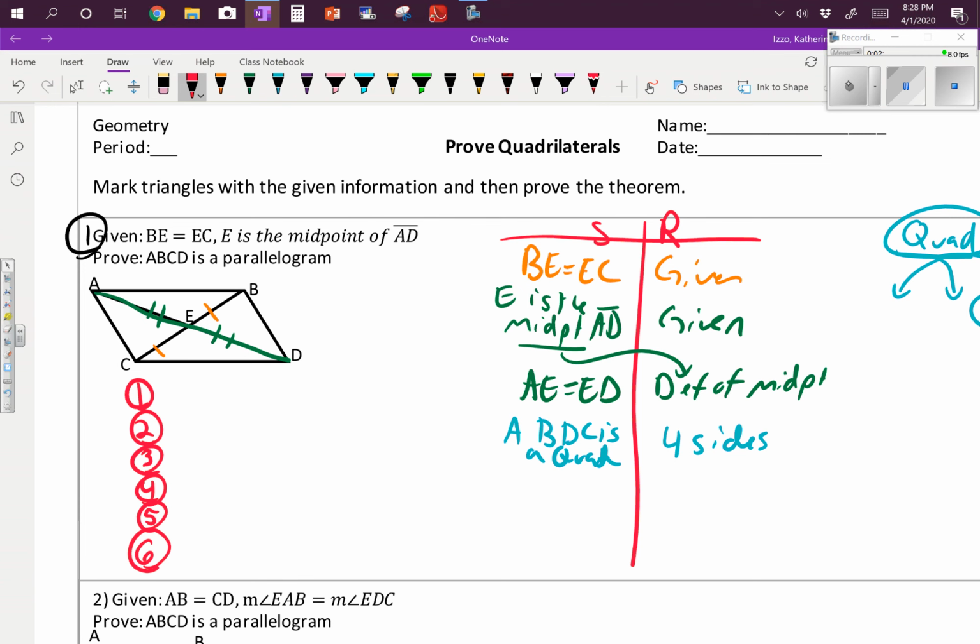But I wanted you to look at those 6 and tell me which one would be the easiest to go from these givens. So we've got 2 pairs sides parallel, 2 pairs sides congruent. Good job, squirrel. And then 2 pairs angles congruent.